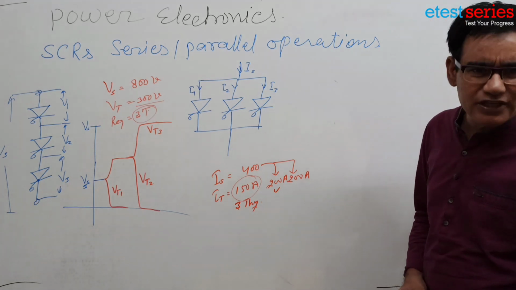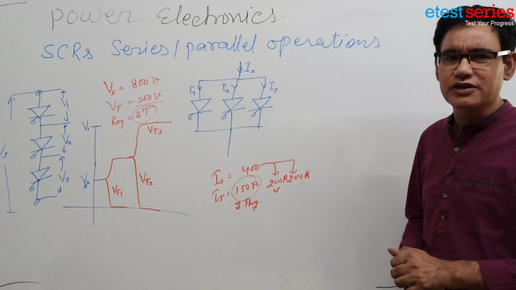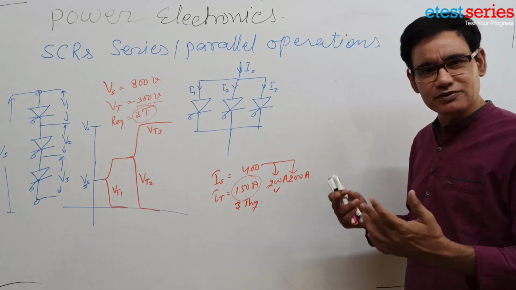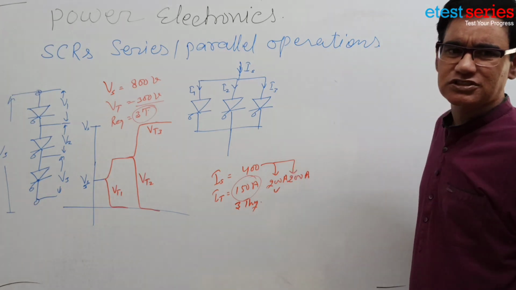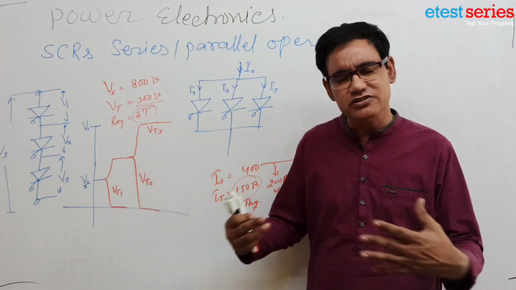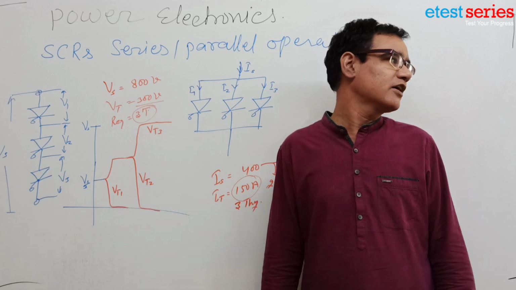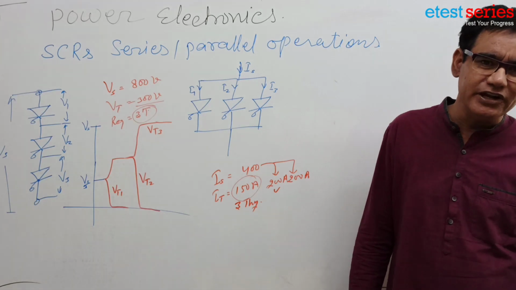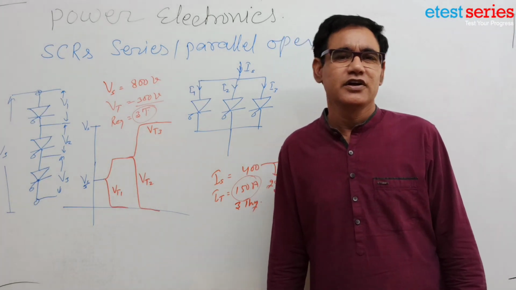To avoid this kind of damage, we require some protection circuits, some equipment, some safety. So we'll discuss what safety precautions are required, what the string efficiency is, what the derating factor is, and why, due to the derating of the SCR, more SCRs are required.